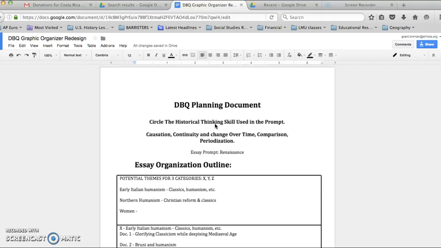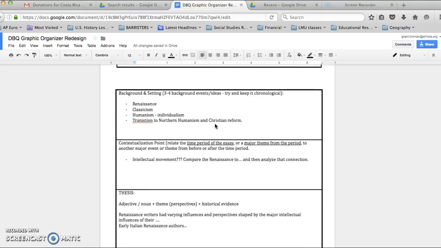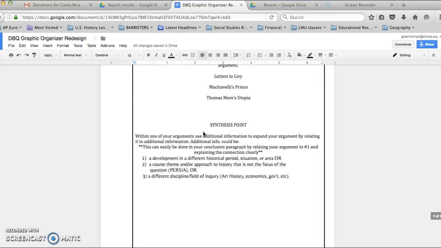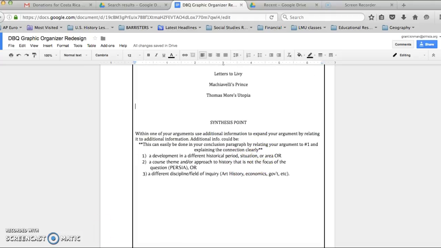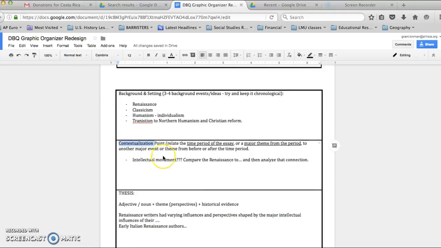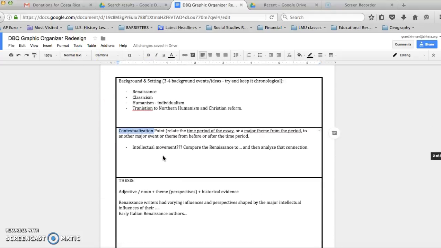I'm pausing because I'm thinking. Contextualization point. Development is... Hold on one second. Alright, this makes sense now. I'm sorry. Cross out contextualization here. I jumped up back to the second page. Contextualization is essentially your background and setting.